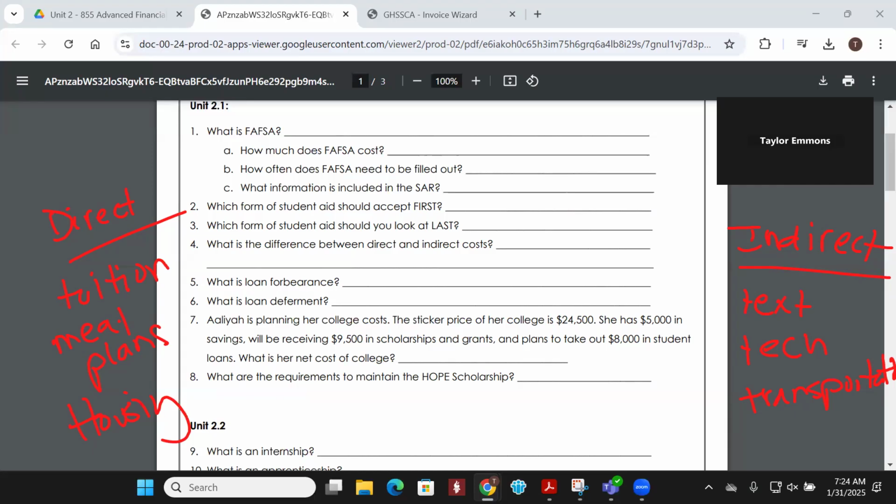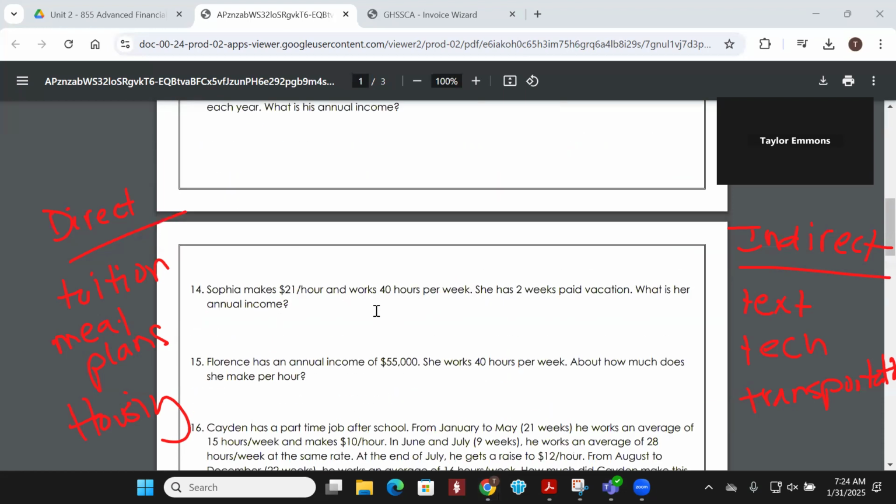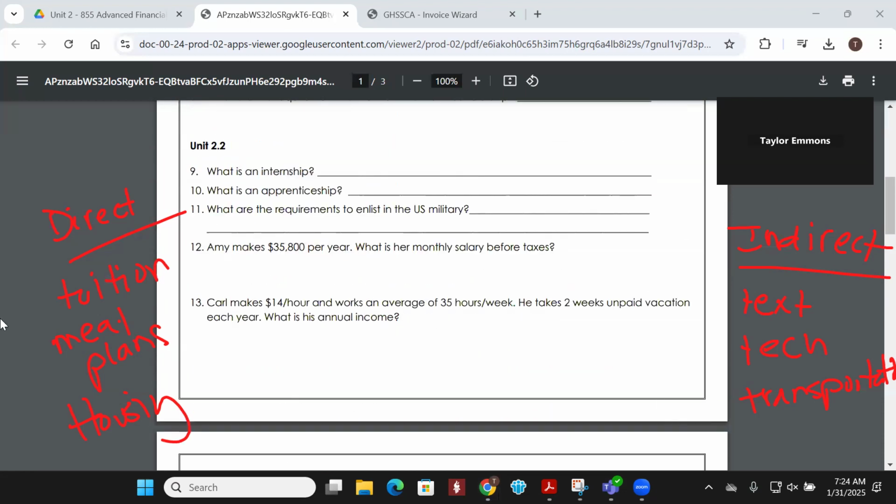Okay. What are the requirements for the military? There it is. Okay, so for the military, how old do you have to be? 18, and you have to graduate.